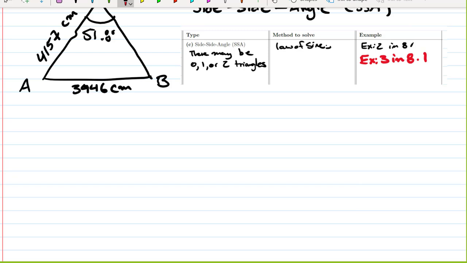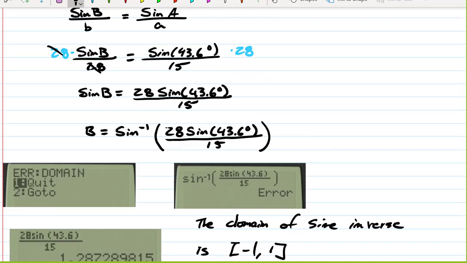And this time, I'm going to let the cat out of the bag. We're going to see an example that has 2 triangles. The one that we did last time was the example where there were no triangles, and this is going to be the other extreme case, where there are going to be 2 distinct triangles. So the first thing that we need to do is the same as step 1 in the previous one.